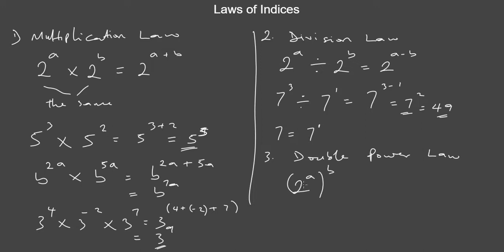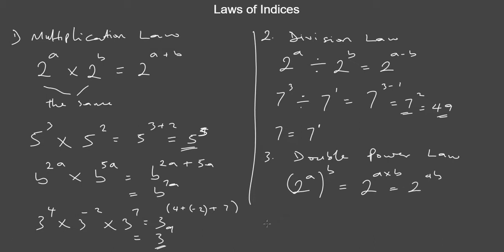You've got 2 raised to the power of a number a, then everything raised to the power of another number b. How do you simplify this? You take this 2, then you multiply the powers. So this is basically how you simplify, which becomes 2 to the power of ab.